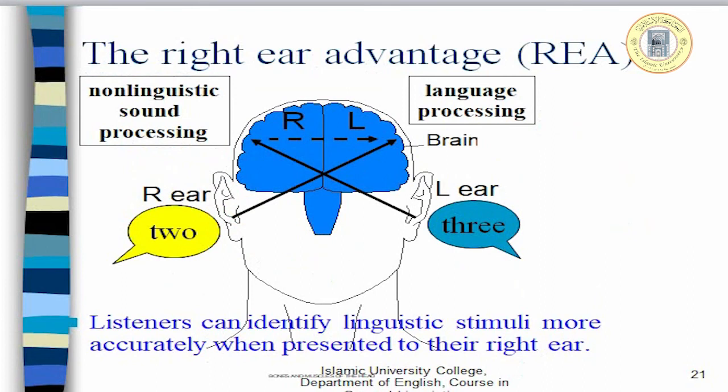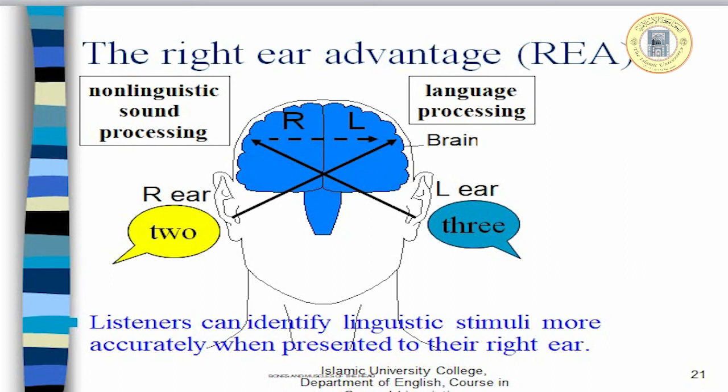If we take the right ear advantage, we will find out that non-linguistic sound processing is going to be more adequate when presented to the right ear. And the listener can identify linguistic stimuli more accurately when presented to the right ear.